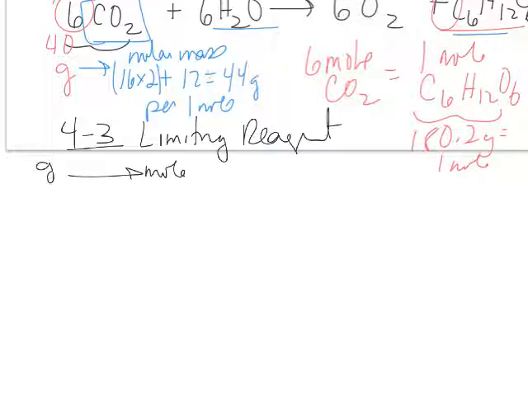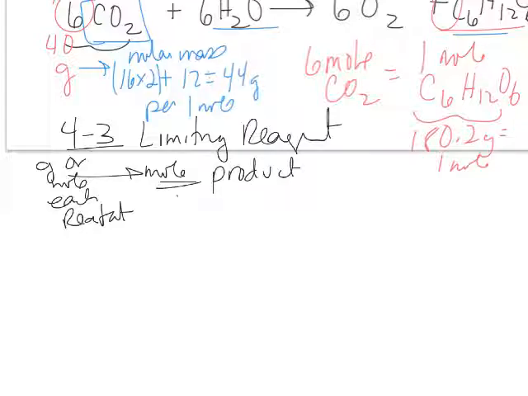So you're going to take grams or moles of each reactant, and you're going to calculate moles of the same product. And the one with the lesser number of moles of product is your limiting reagent. And at that point, you want to work every problem based on that limiting reagent.